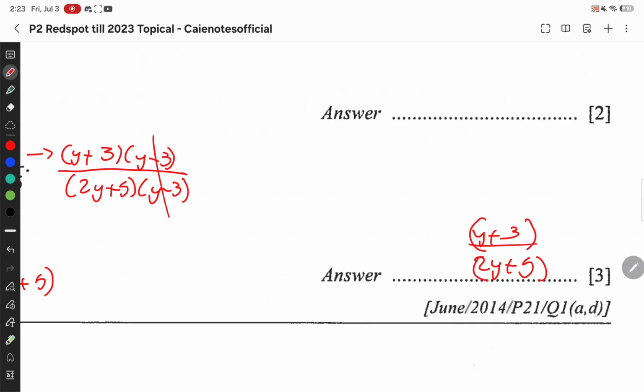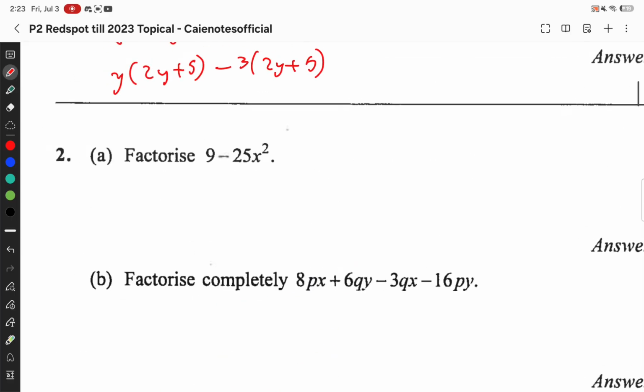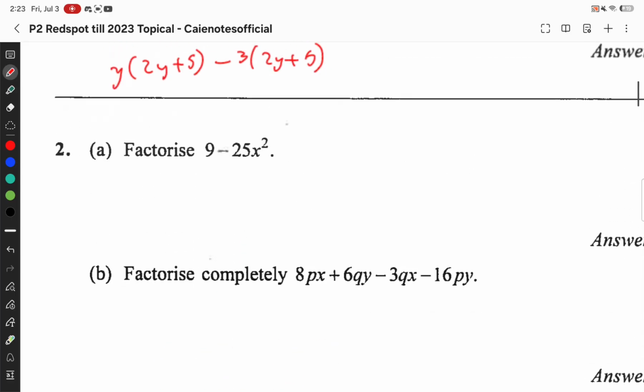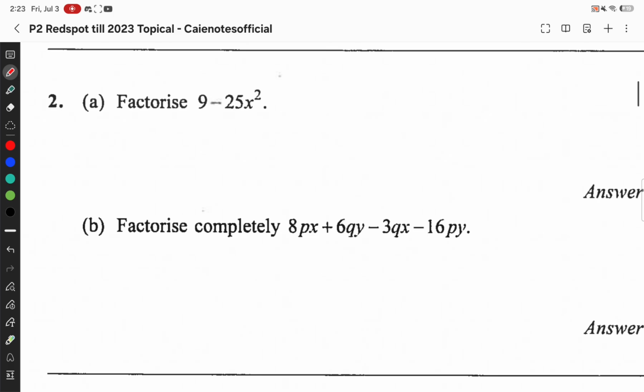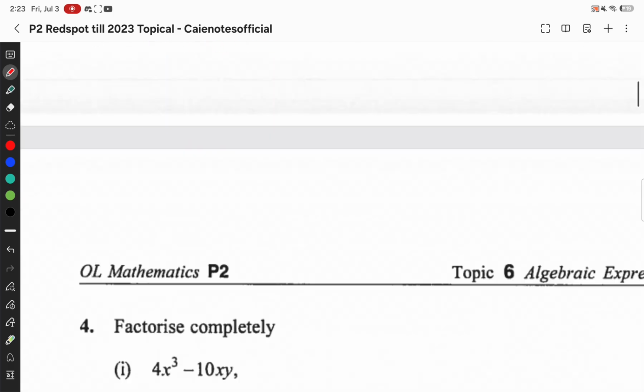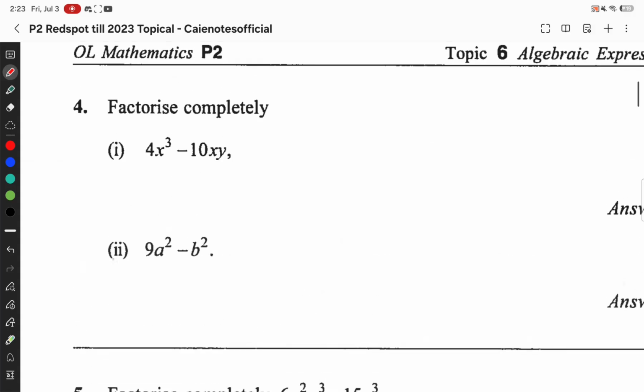I want to put it in brackets, but they are not in brackets. So you get two linear terms in the numerator and the denominator. Very simple when you simplify this, of course. Now I hope you know factorization. If you do not know, then please go back to the previous videos about factorization. I covered it in great detail.